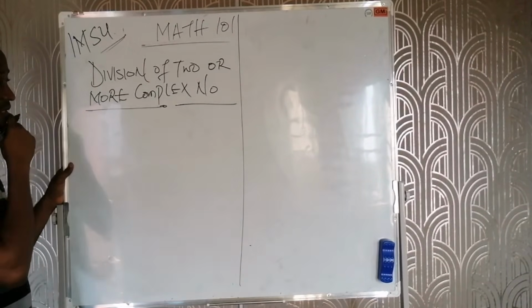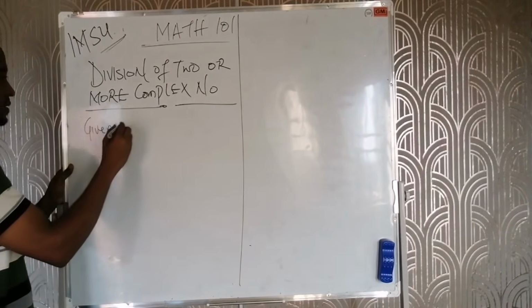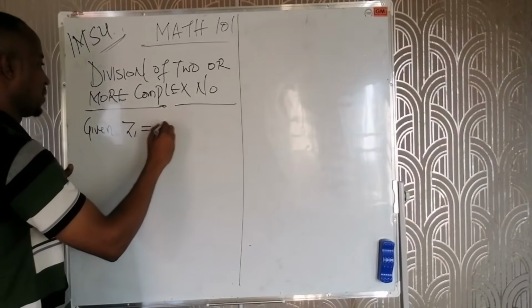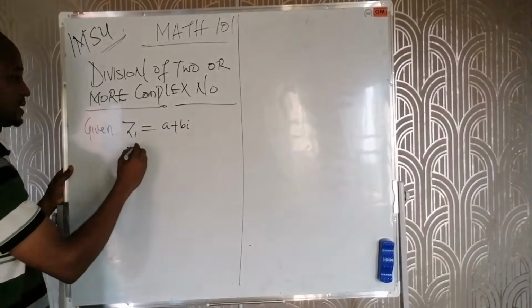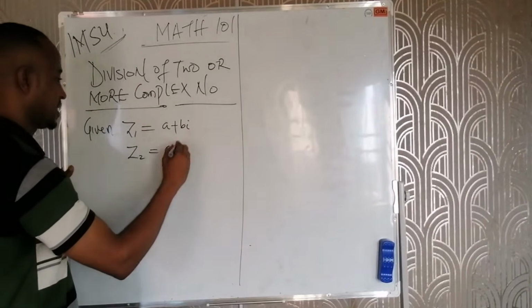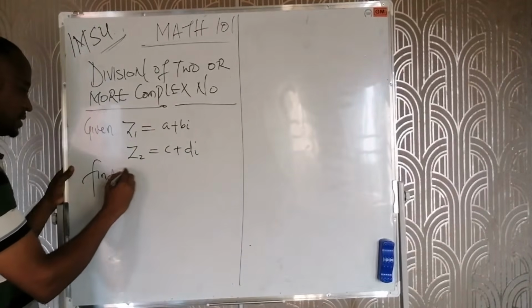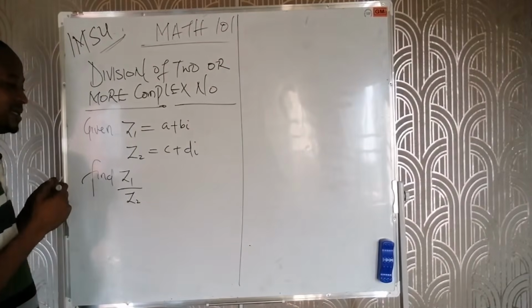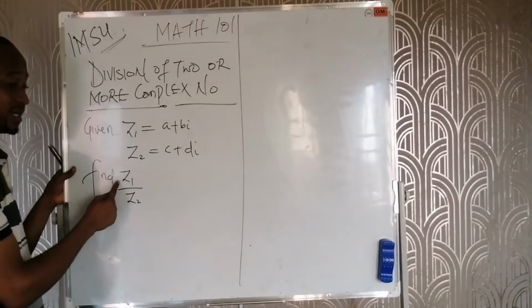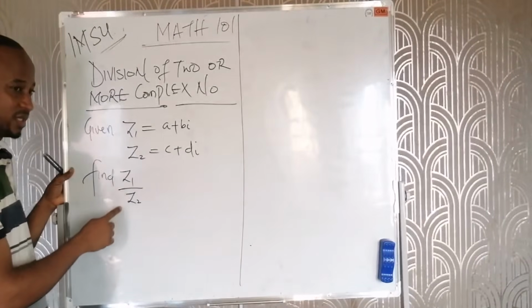Let's say, for instance, we are given that Z1 is equal to A plus BI, and Z2 is equal to C plus DI, and we're asked to find Z1 over Z2. Z1 represents the numerator, while Z2 represents the denominator.